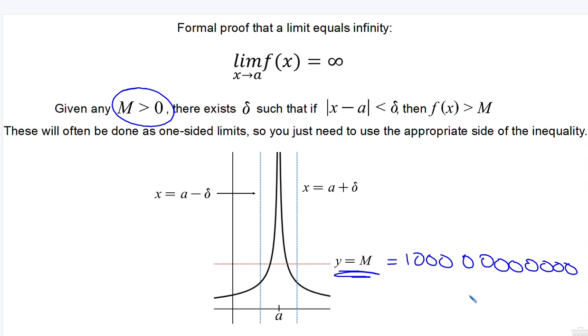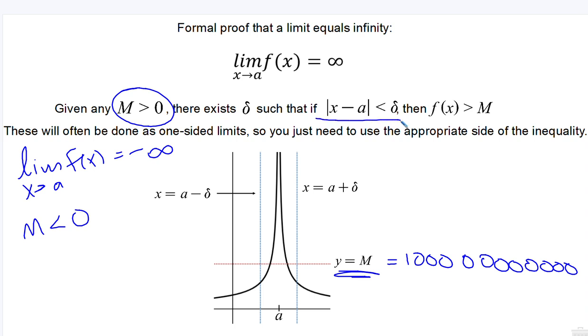And I don't have the formal definition written out here for showing that it's negative infinity, but if we're talking about a limit as x approaches a of f of x equaling negative infinity, we can kind of just flip this picture on its end. All we really need to do is have an M that's less than 0, and we need to show that our function would just need to be less than M, right?